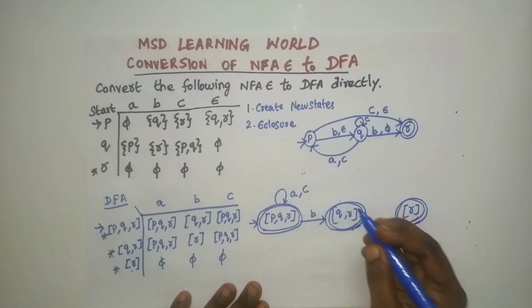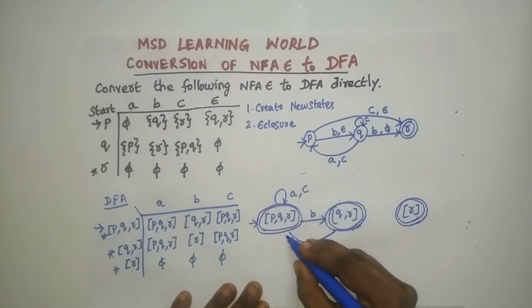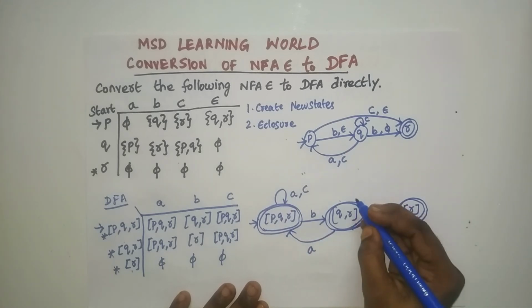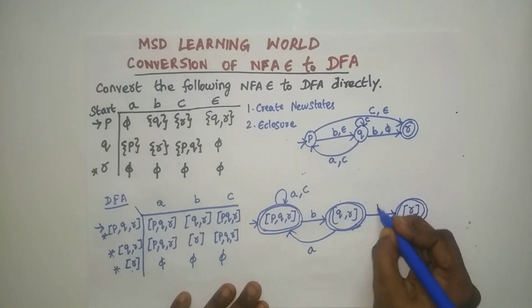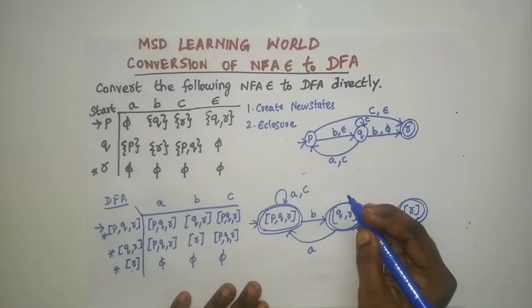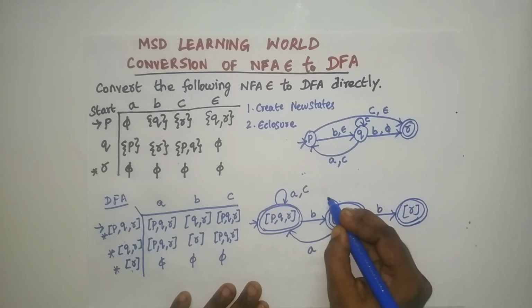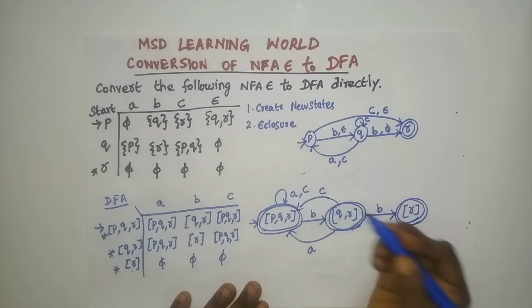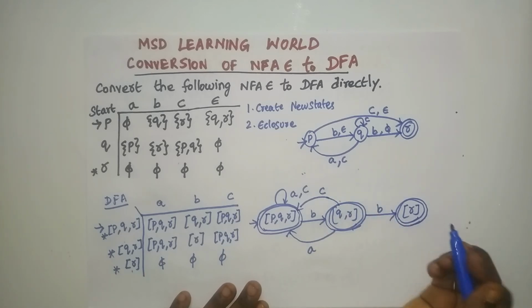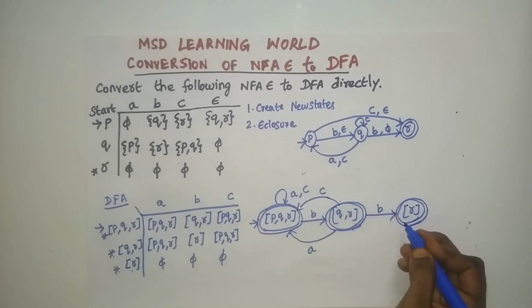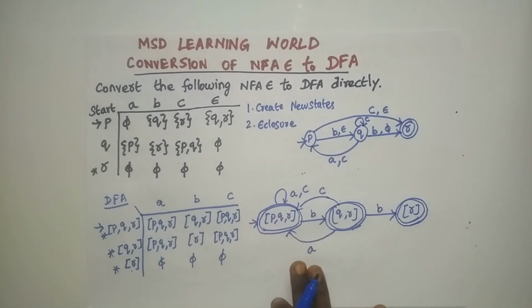Q comma R on A goes to PQR, and Q comma R on B goes to R. Then Q comma R on C goes to P comma Q comma R, and R state does not go to any state for any of the input symbols. So now the given machine is deterministic. For each input symbol, it is going to a single state. So this is the DFA machine that we have created from the NFA epsilon.